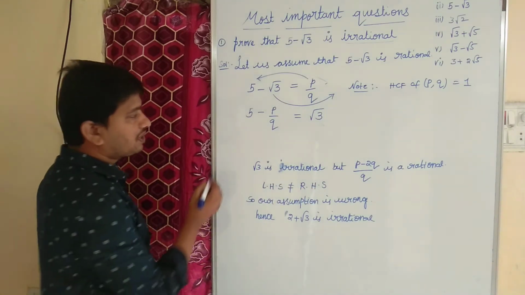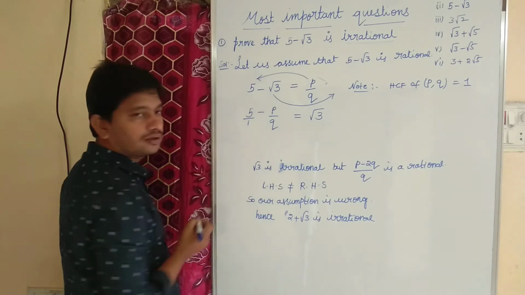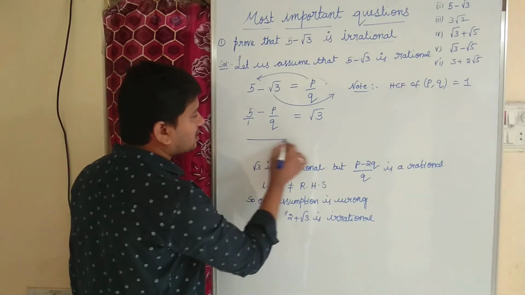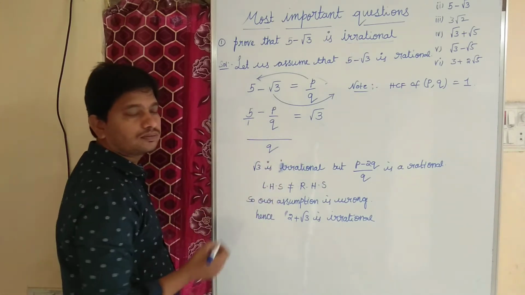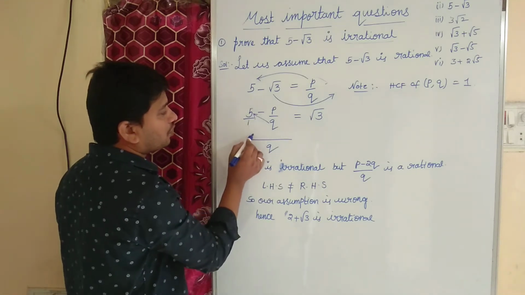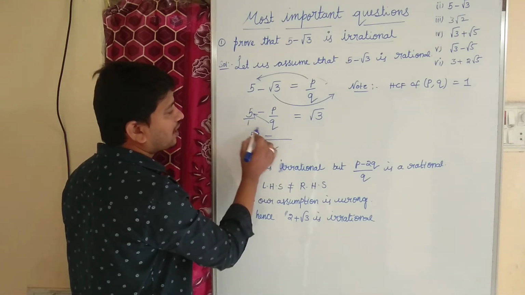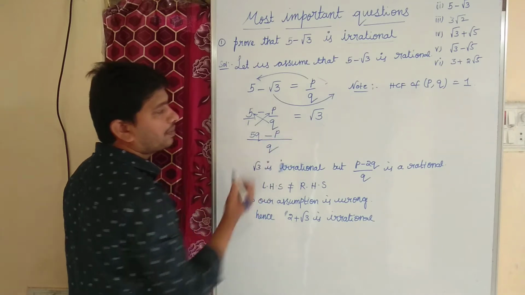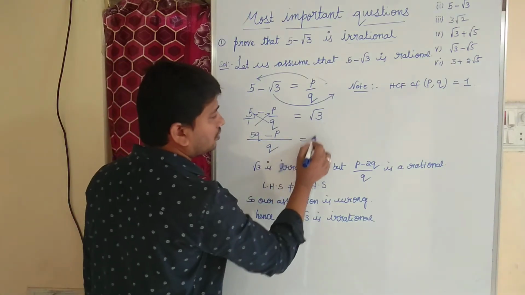So 5 minus p by q equals root 3. In a similar manner, LCM of 1 comma q is q. 5 into q, 5q, minus 1 into p, 1p, is equal to root 3.